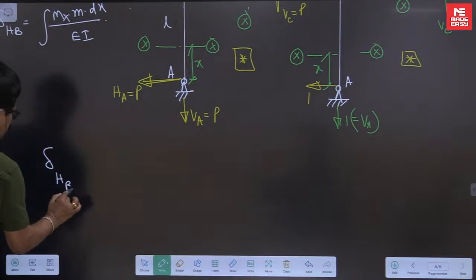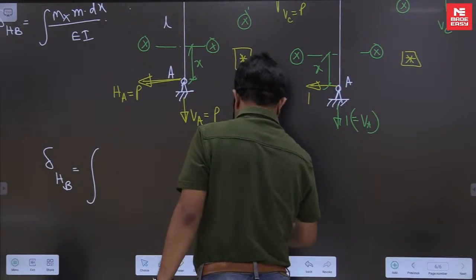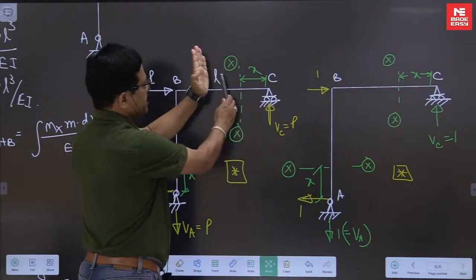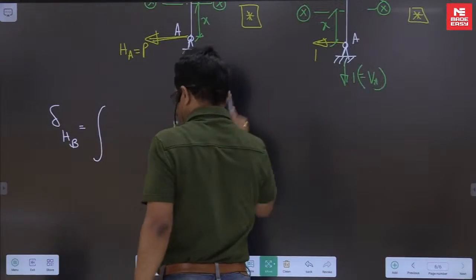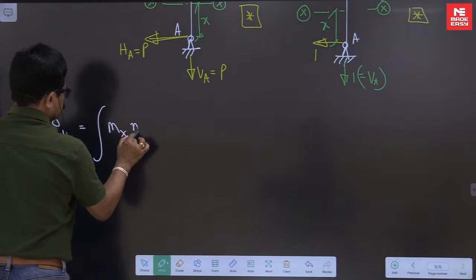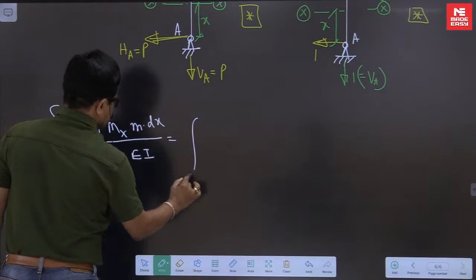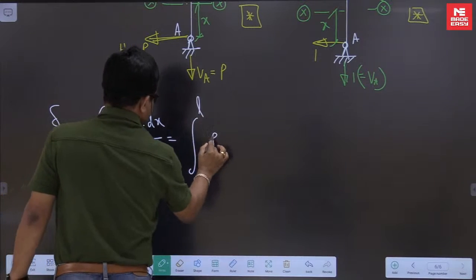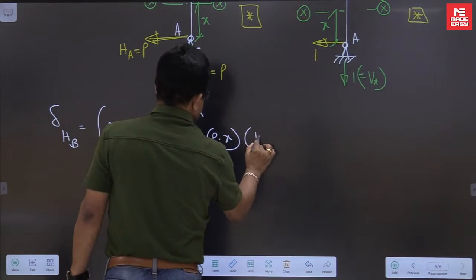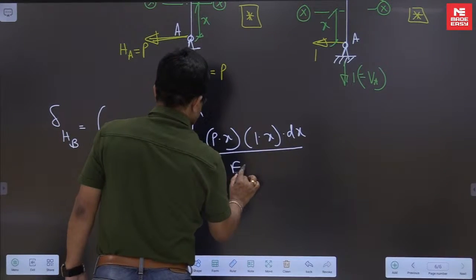Horizontal displacement of B is the integral of Mx m dx by EI. Mx is P into x, m is 1 into x, into dx by EI.